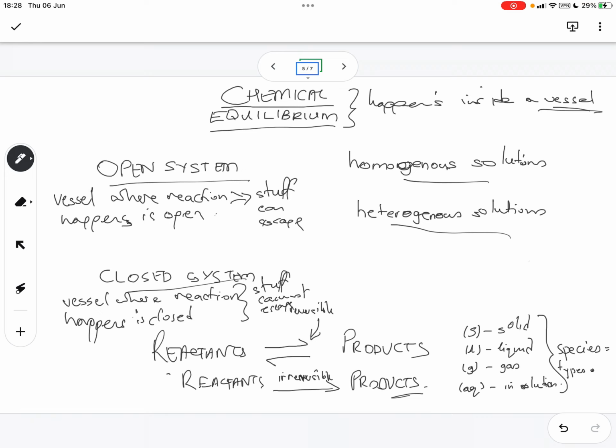These things called species simply mean types of things in a reaction. And what these things are, they're basically, I guess, states of matter, so to speak.